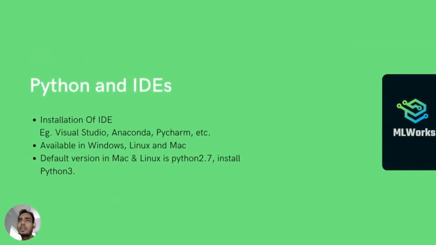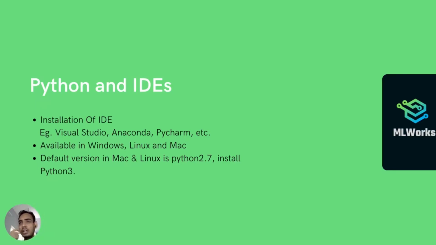So what are Python IDEs? There are three different IDEs I mentioned here, and there are more you can look into. First is Visual Studio, which is normally used by coders irrespective of the language they use. Anaconda is primarily used for data analytics, machine learning, and deep learning. And PyCharm is a purely Python-based IDE for software development using Python.